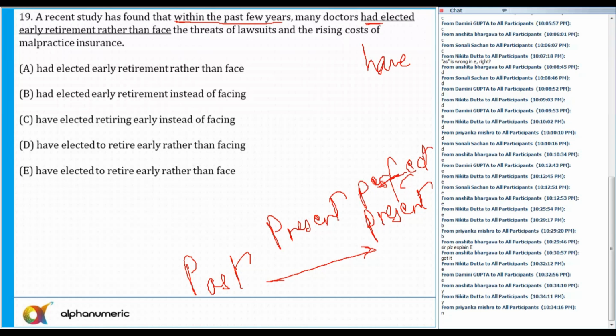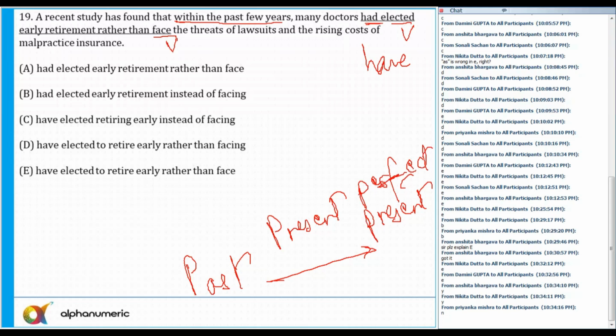This is something which is happening for the past few years. So they have elected early retirement rather than face the threats of lawsuits and the rising costs of malpractice insurance.